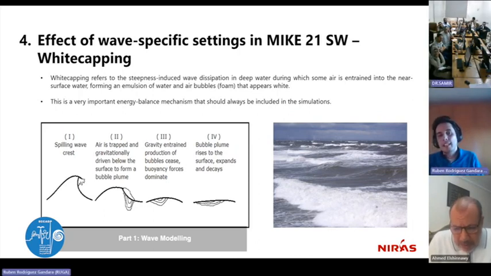Otherwise, if you don't activate white capping, basically what you are saying is that no waves are going to break offshore. So you're saying that all the waves entering the model in the deep area will make it to the shallow area. Since no waves were breaking offshore, when those waves get to nearshore, you will have more energy and larger waves than happen in reality.